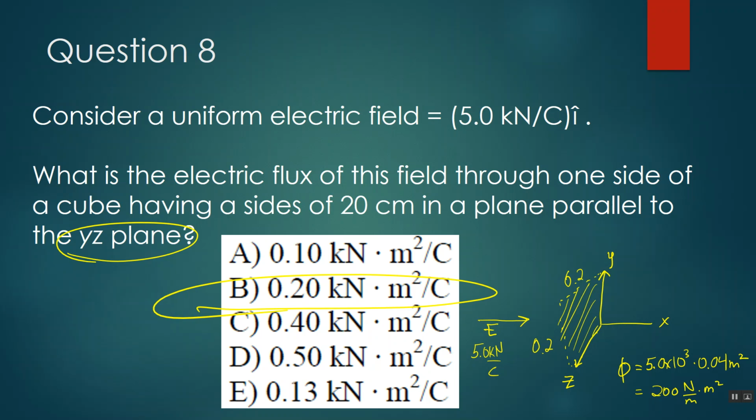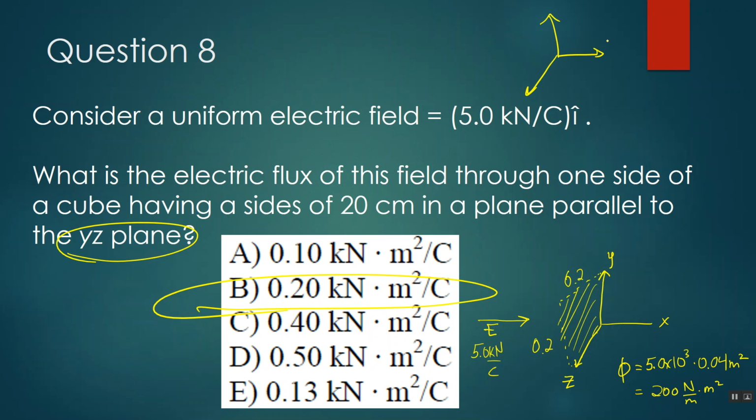When the area and the electric field don't hit at a perpendicular angle, or if the normal vector from the area and the electric field were not parallel, that changes things. But it says the plane is parallel to the yz axis. If you remember in linear algebra, this is i hat, this is j hat, and this is k hat.